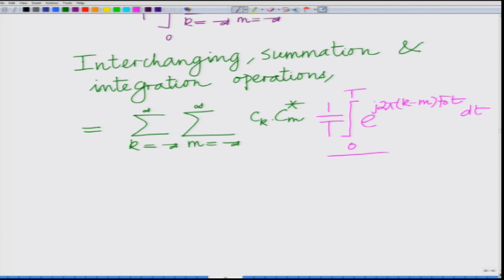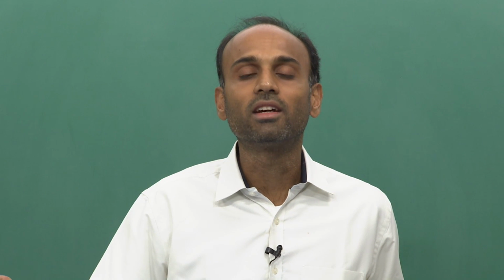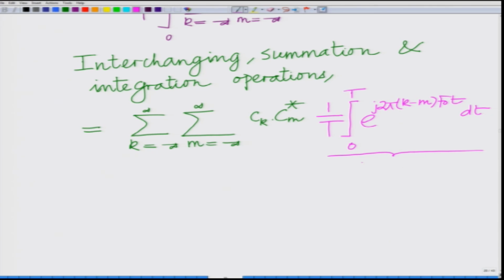And if you look at this, we have already seen this. For any k not equal to m, 1 over T integral 0 to T e to the power of j 2 pi (k minus m) f naught t dt is 0. If k equal to m, this integral is 1. Remember, we said this integral is therefore delta k minus m, which we have already derived.